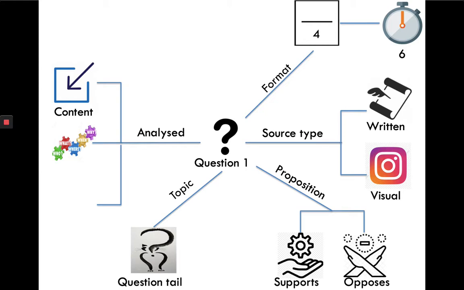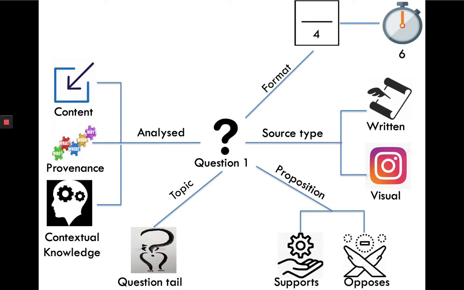Secondly, the W's, who, what, where, when, why, which you may remember are also known as the source's provenance. And finally, and this is what links content and the provenance in terms of your answer, the contextual knowledge, or your own knowledge of the topic in the question tail.